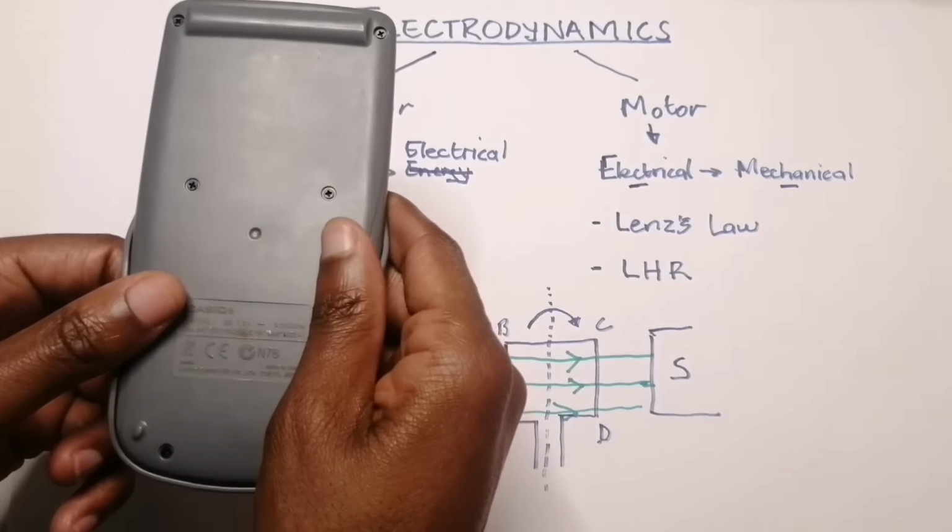If you think about it for a generator, we're looking at the left-hand side. First of all, the direction of rotation is going up, coming towards you.